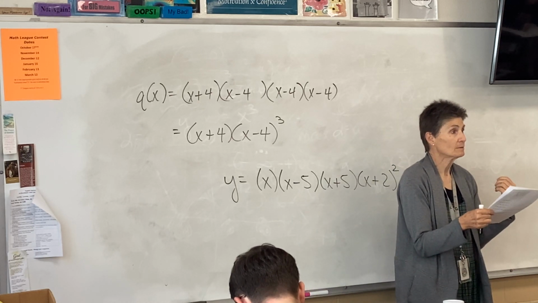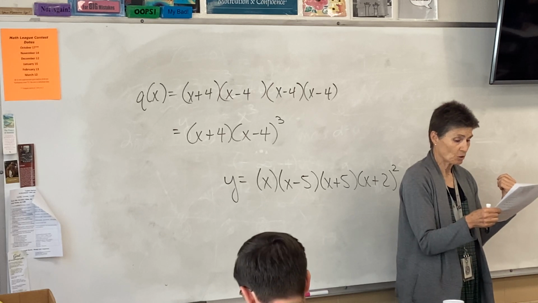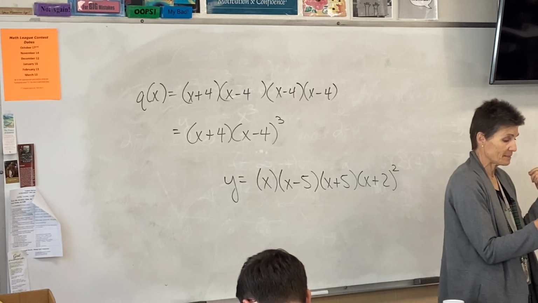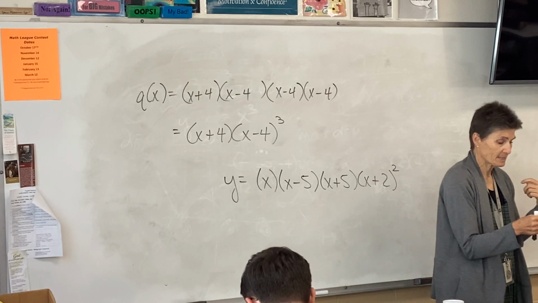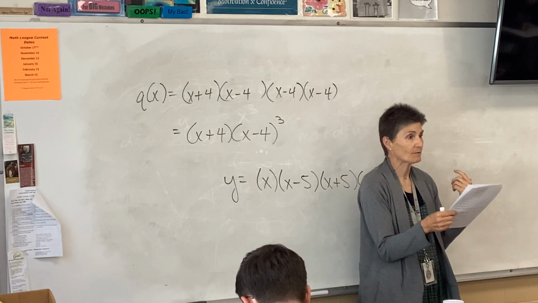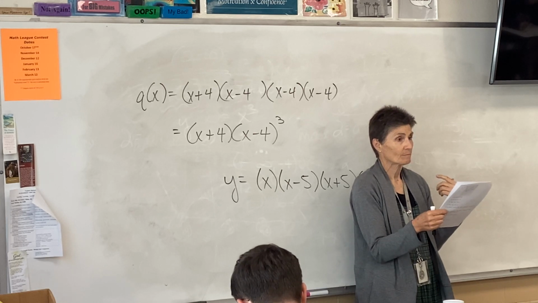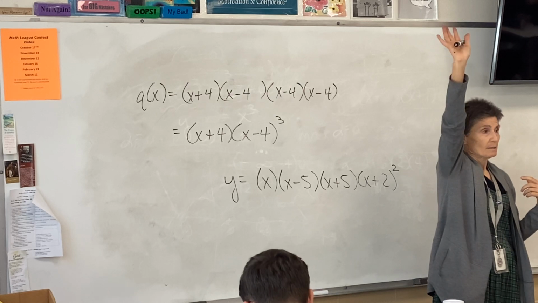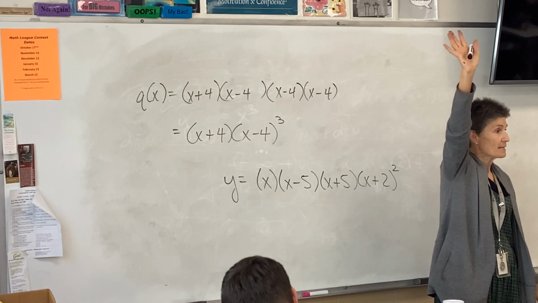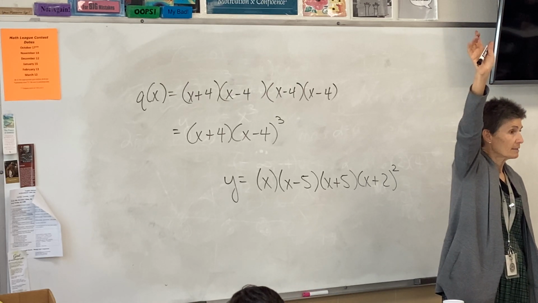Starts up, ends down. On the left, you're positive infinity, so that would be C. On the right, you're negative infinity, so that would be B. So B and C for that one. Guys, are you with me? Up, down. That's what it looks like if you're a negative odd.